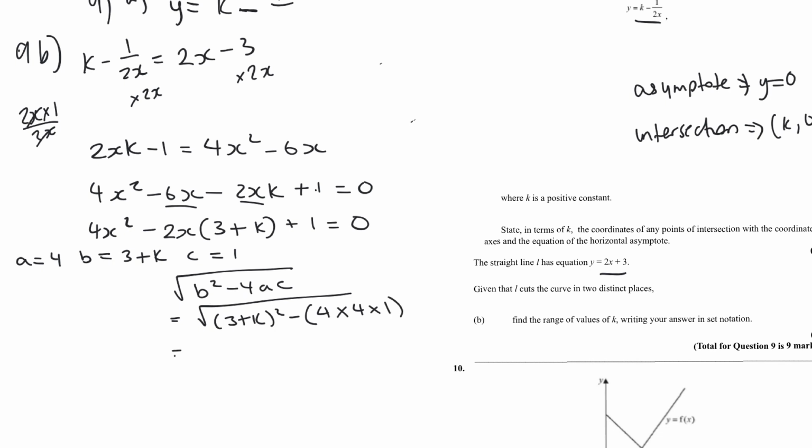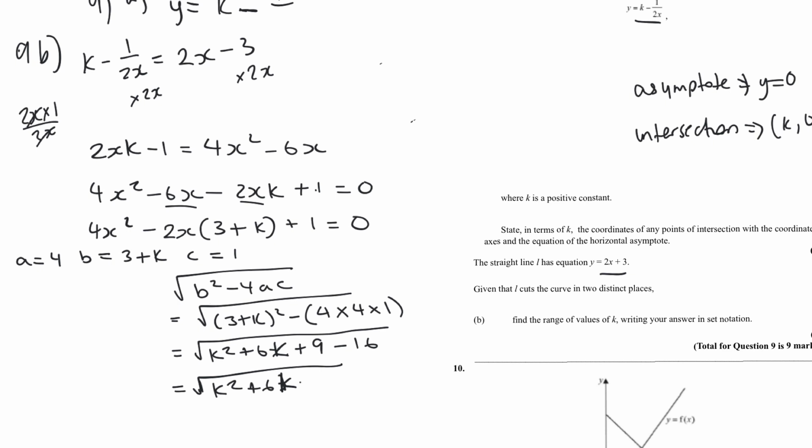So then if we expand our brackets from the 3 plus k squared, that will be k squared plus 6k plus 9 minus 16, and then that would be the root of k squared plus 6k.